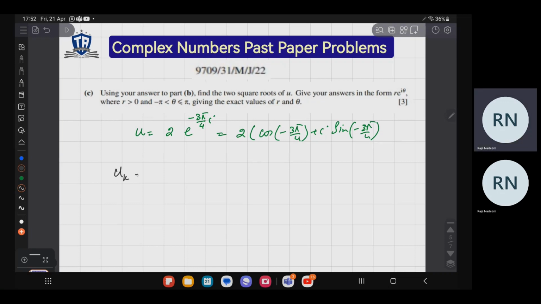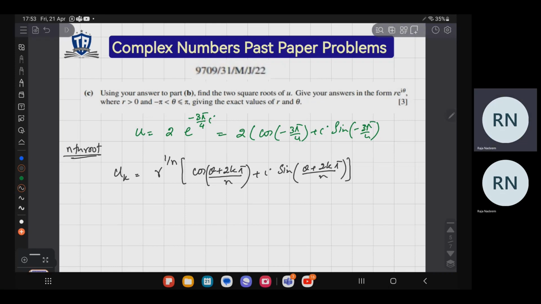Uk is equal to r power 1 over n times cos of theta plus 2k pi over n plus iota sine of theta plus 2k pi over n. This is the formula to find the nth root.